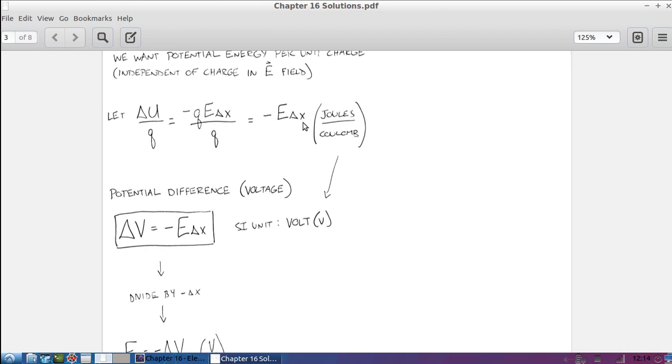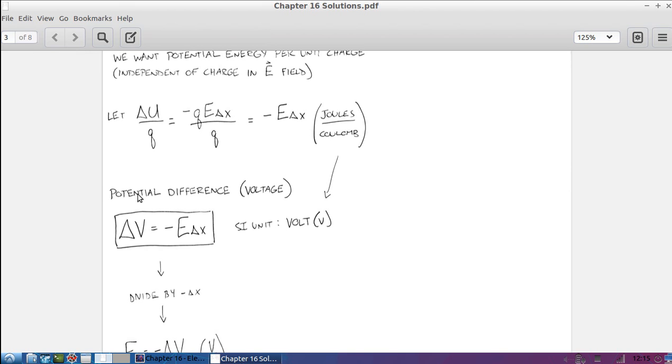I'm looking at the potential energy per unit charge along some distance. So that's a change in potential energy per unit charge. I've got this delta U, I've got this delta X, so it's a change in potential energy per unit charge. And so we call that potential difference. We call that a difference in potential.